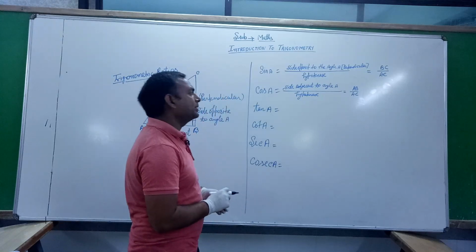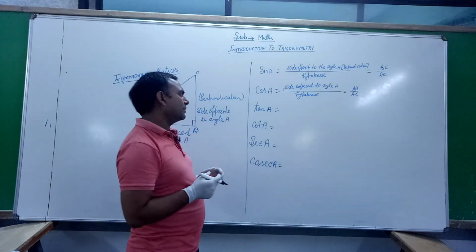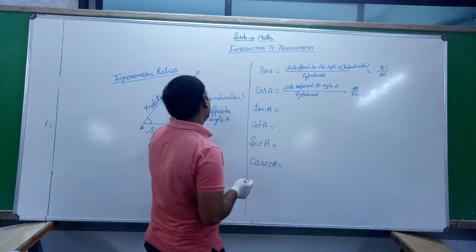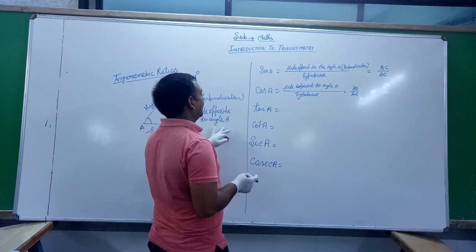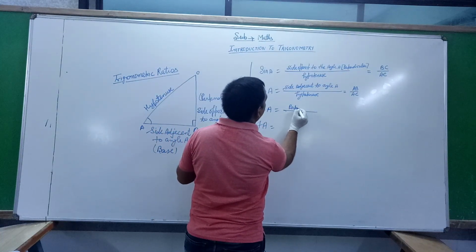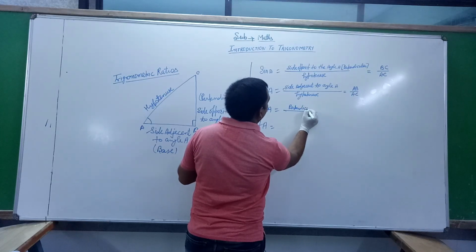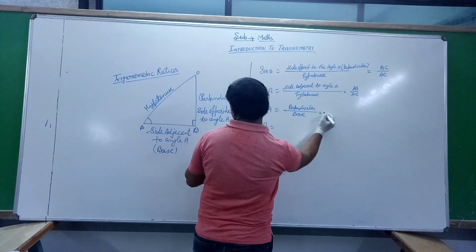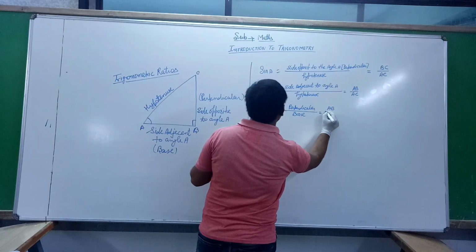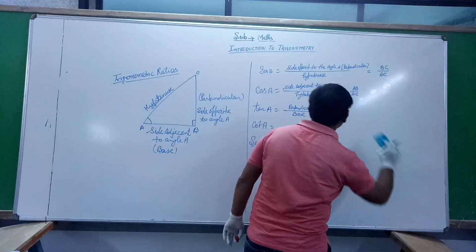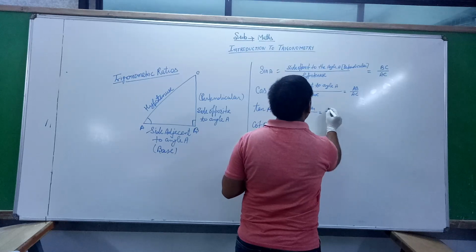Okay, this is the value of cos A. And after that, tan A is equal to the side opposite to angle A, or you can say perpendicular, upon base. Either this is equal to BC divided by AB.